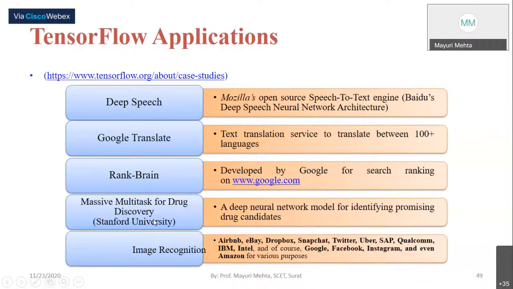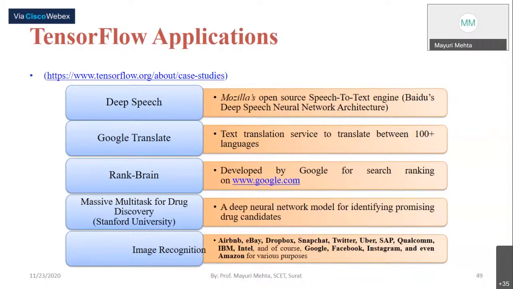This is Stanford University's research project, Massive Multitask Networks for Drug Discovery. All of you are aware that today we are using machine learning and deep learning for drug discovery to reduce the cost and to reduce the time, because the traditional process of drug discovery takes around 10 to 12 years. But when you use machine learning, this time is reduced and even cost is reduced.